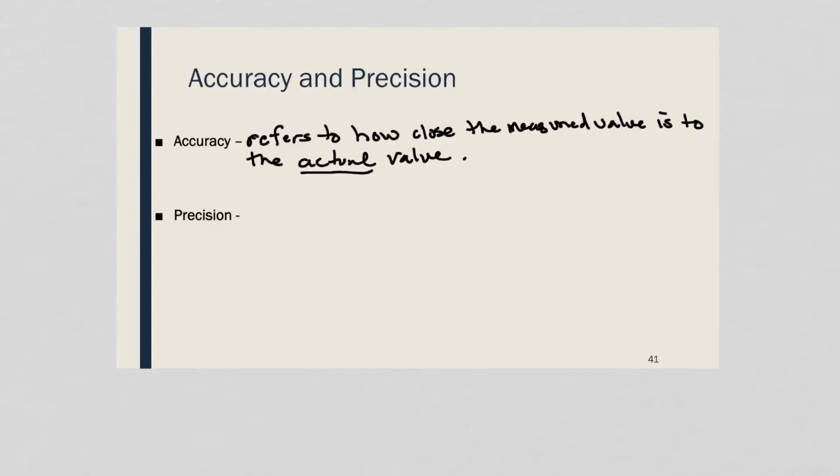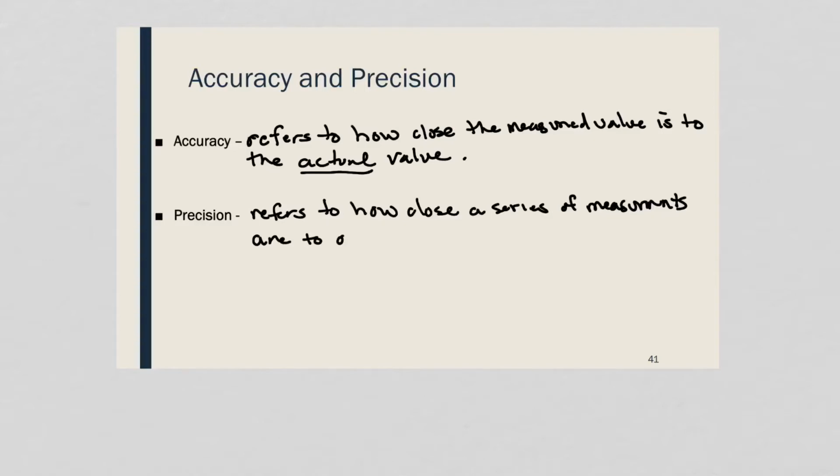Now, precision, on the other hand, refers to how close a series of measurements are to one another.